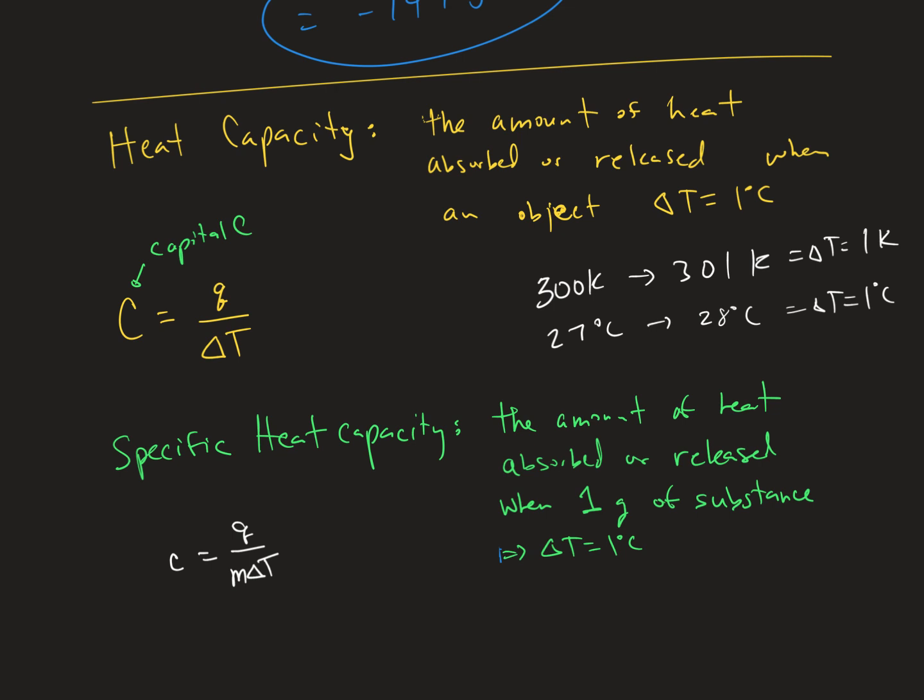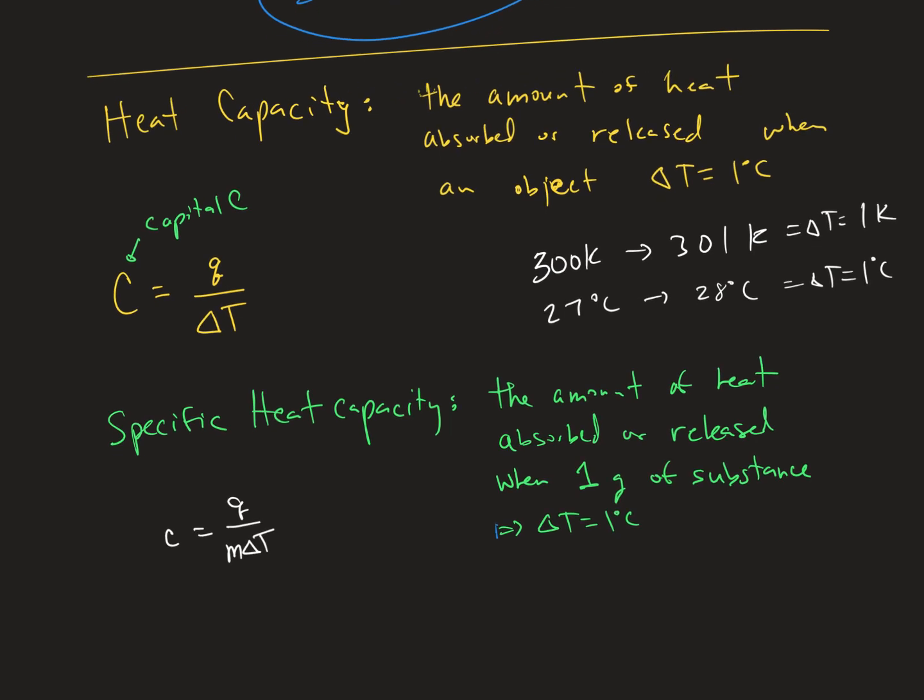One has mass, the other doesn't. If we're looking for Q, we can solve for Q, and we get Q equals m c delta T, the MCAT. It's not really the MCAT, but it kind of looks like it.